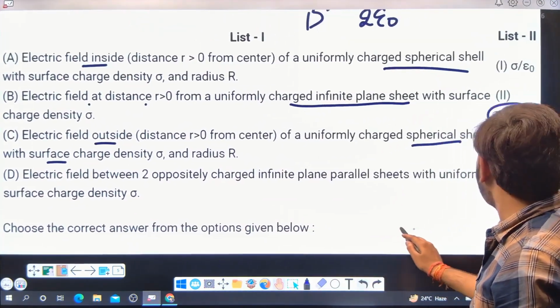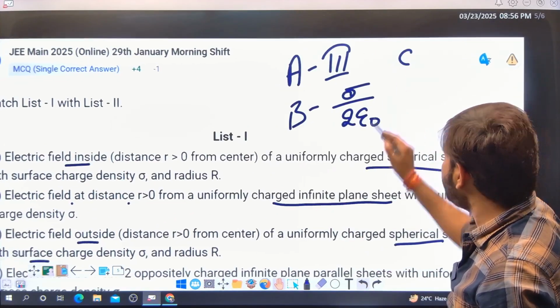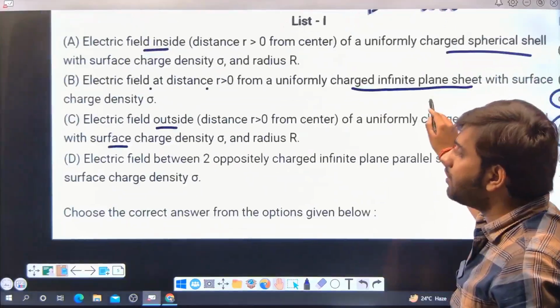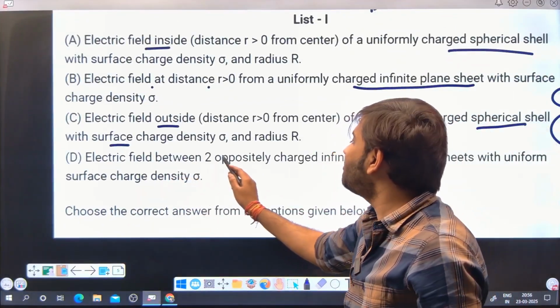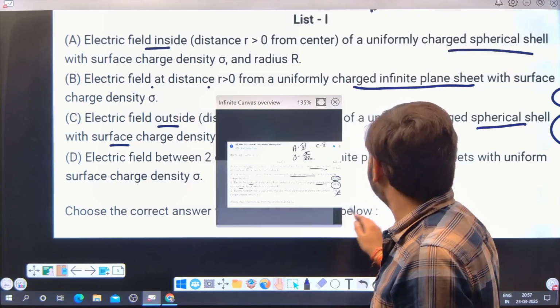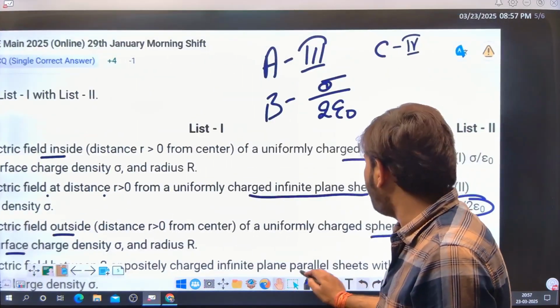For option C it will be 4. Only one answer and one question are left, so obviously, the electric field between two opposite parallel plane sheets is like sigma by epsilon naught. So D should be 1.